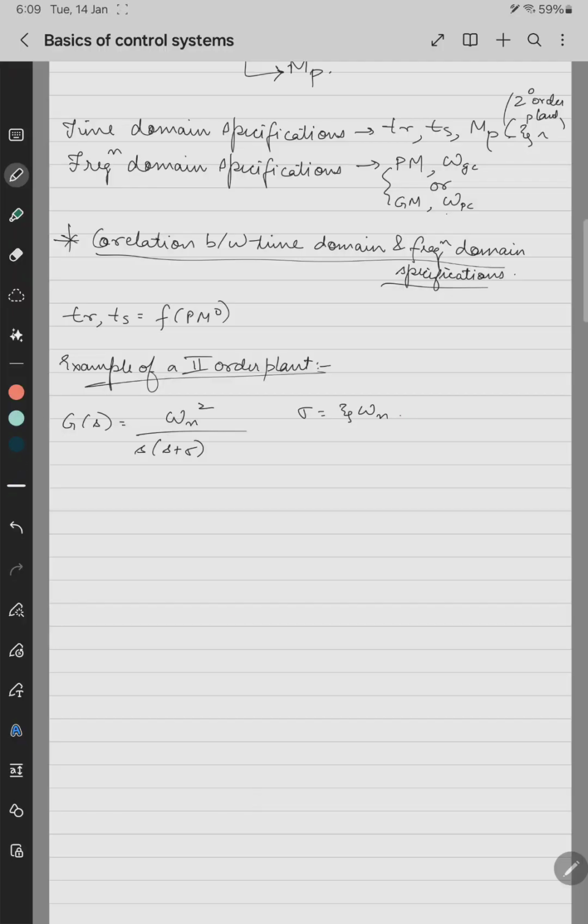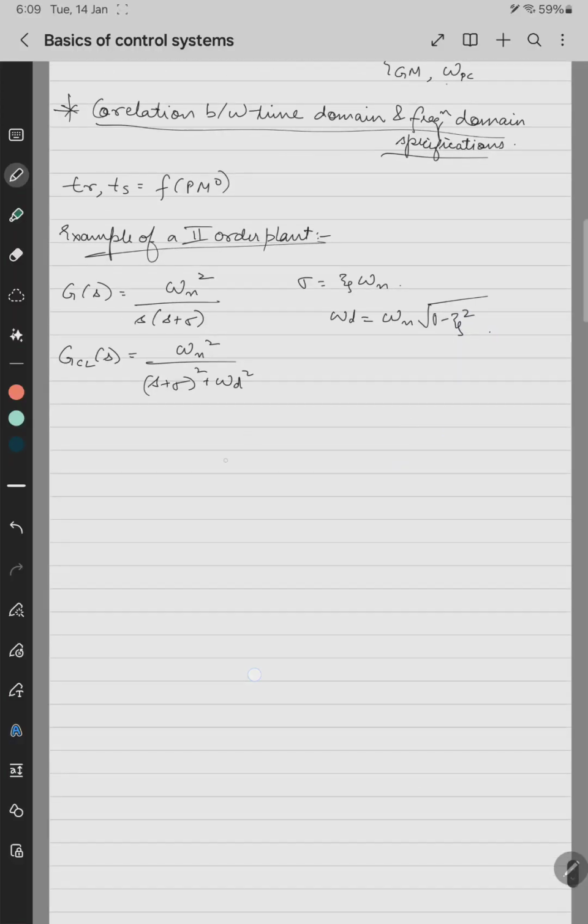This is the normal transfer function of a second order plant. Now GCL of s is omega n square by (s plus sigma) whole square plus omega d square, where omega d is omega n under root of 1 minus zeta square. This is G of s without controller.